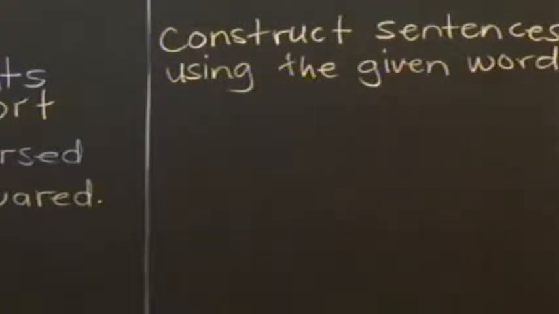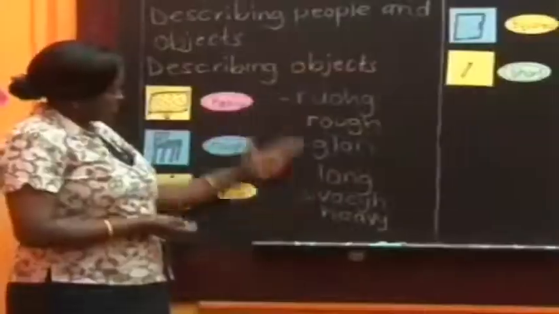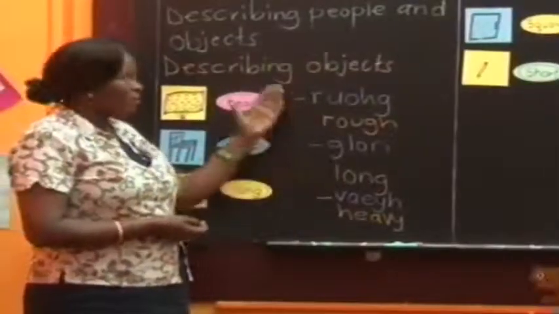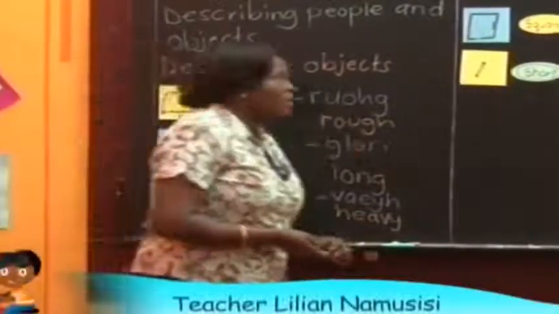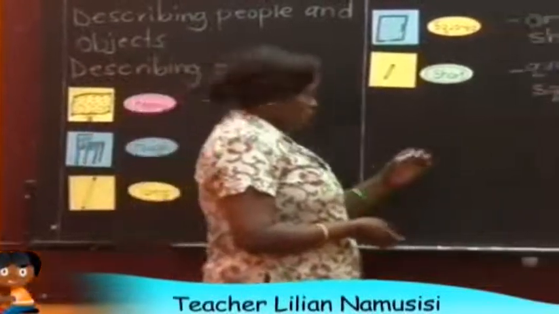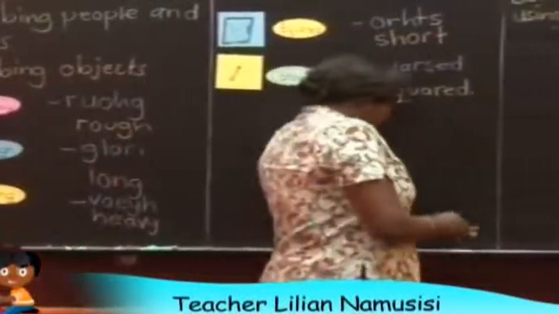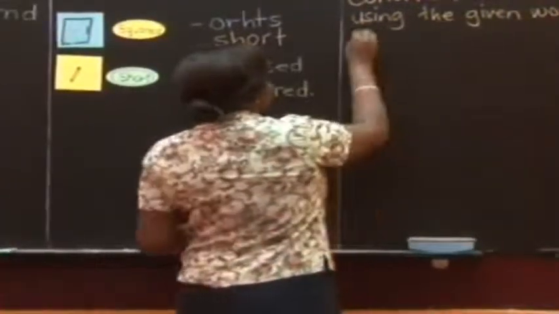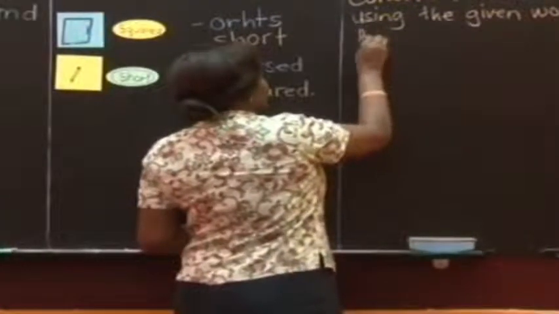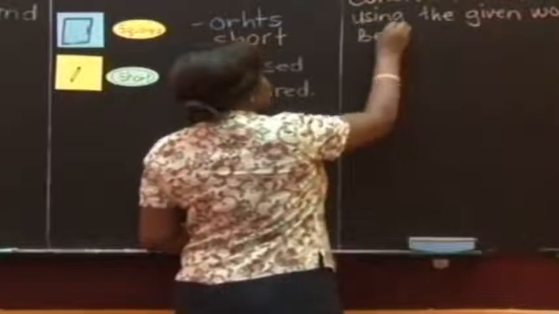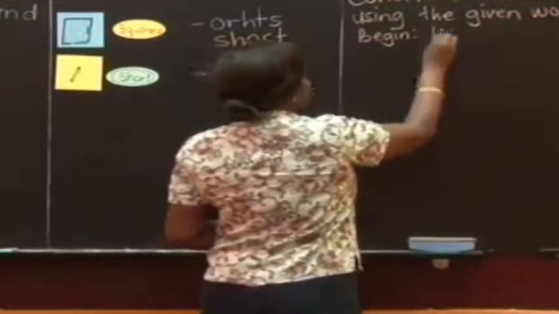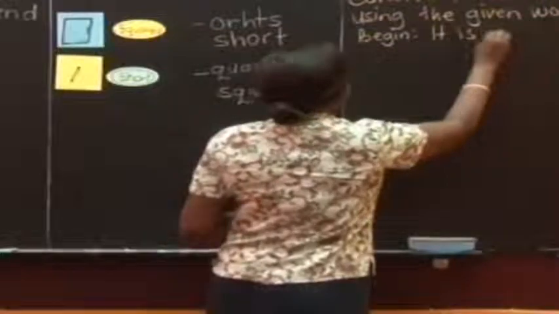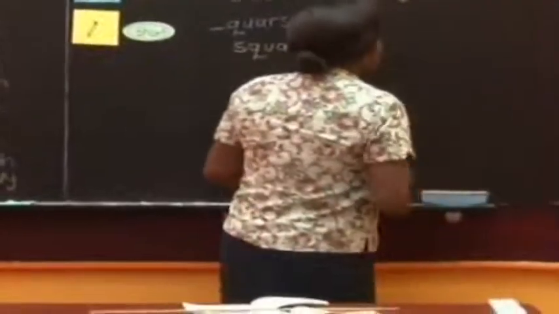Which words? The words we have looked at when we were describing our objects. These are the adjectives which we have looked at, and they are the ones we are going to use when constructing sentences. And how should our sentence begin? Begin, it is, and so on.